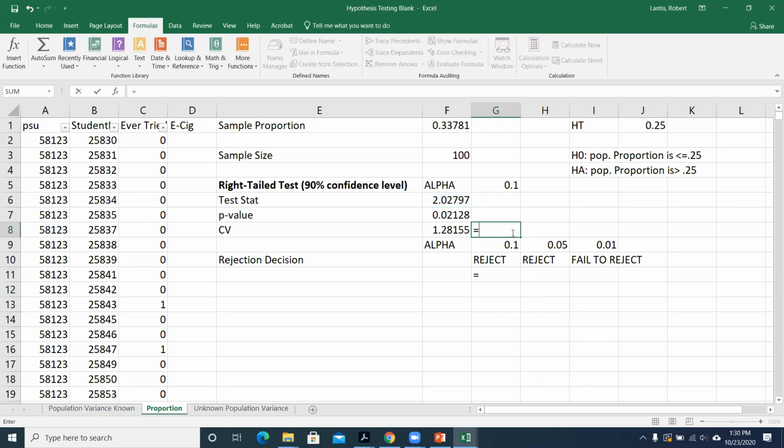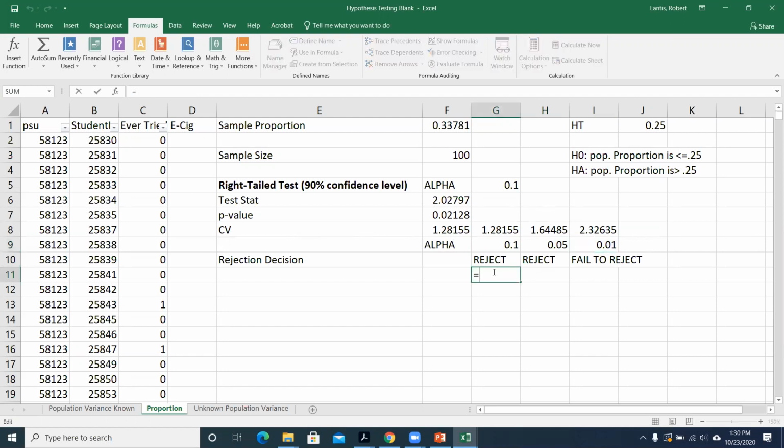So let's do NORM.S.INV, and then select 1 minus alpha, because we have a right-tailed test, right? So for this first one, it would be 1 minus 0.1. That's exactly what we did in this cell, so it should give me the exact same value, right? But now, when I copy this across, the cell reference updates to be the new alpha. So here's a row of my critical values.